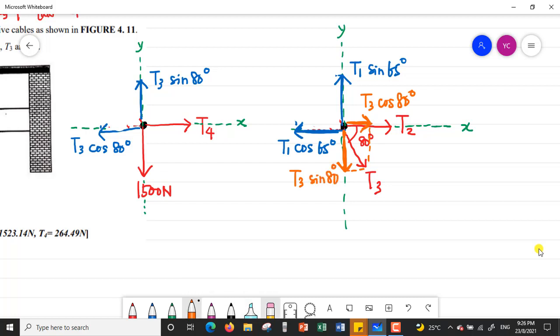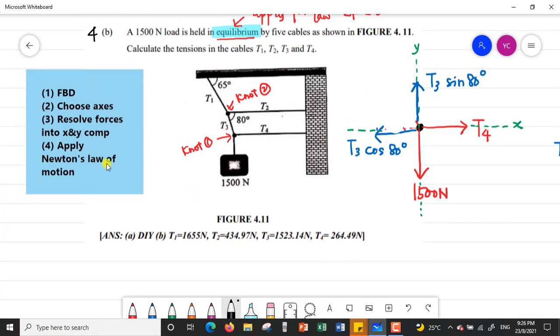So we have broken T3 down, resolved it into its X component and its Y component. Okay, so we have finished our resolving. Then what we want to do is apply our Newton's law.